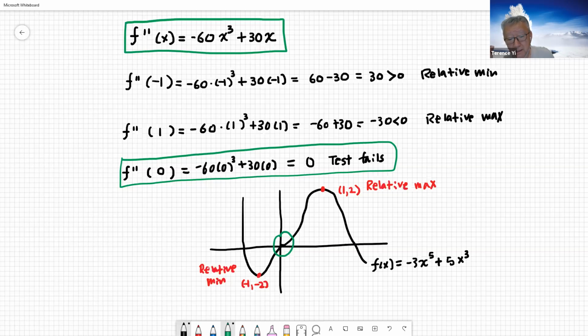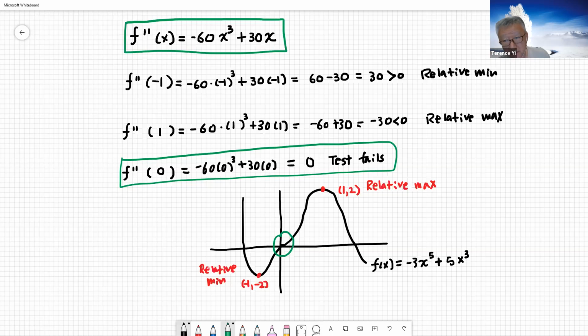Both the first and the second derivative tests are testing for relative extrema. For the first derivative test, you have to set up the table and find out which arrow goes up and which arrow goes down. That's the first derivative test to find out what the relative extrema is.